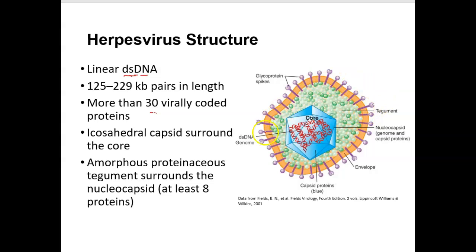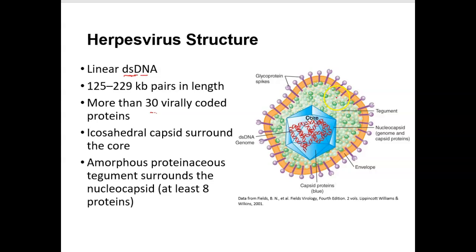And if you look at the structure of the virus, you've got your membrane or your envelope, and this is going to have the glycoprotein spikes that are responsible for binding and entry, and tegument.